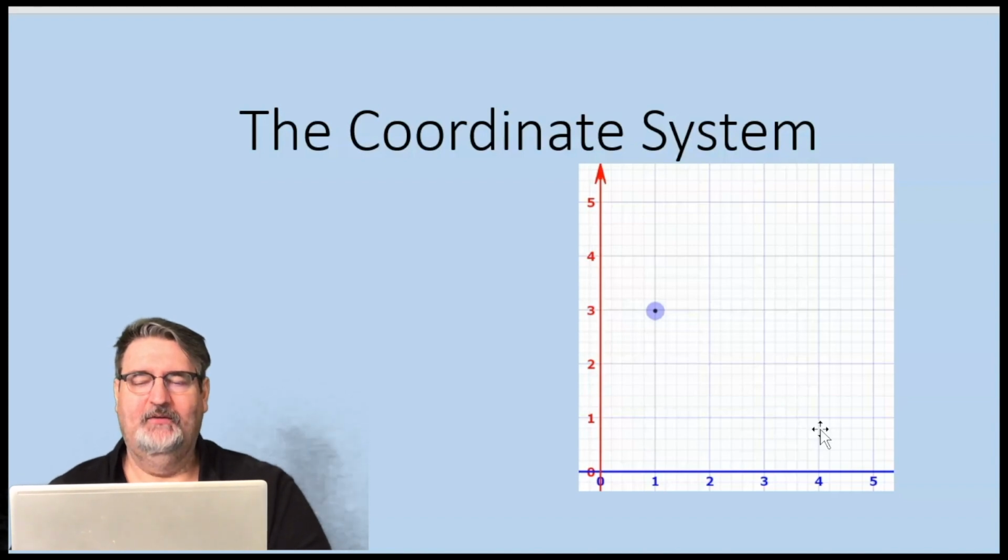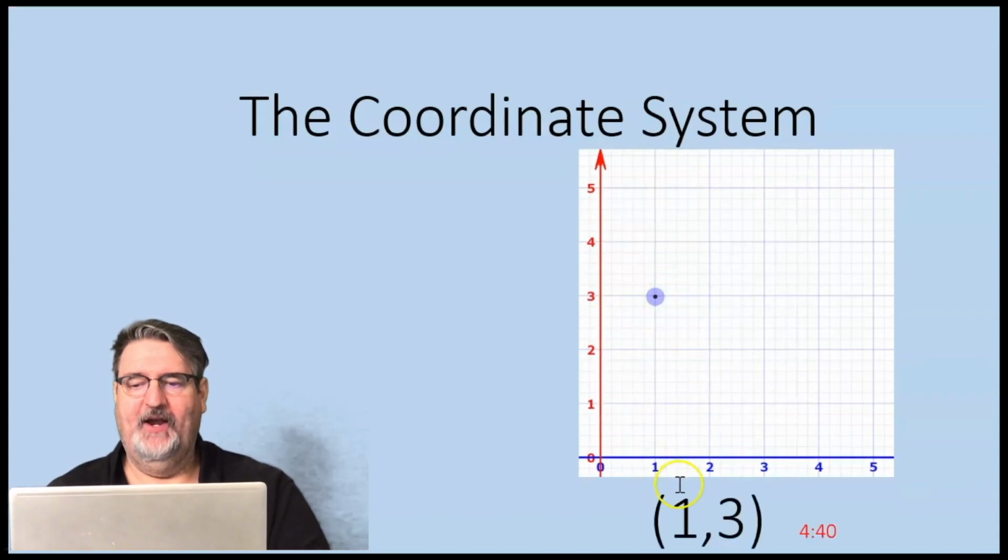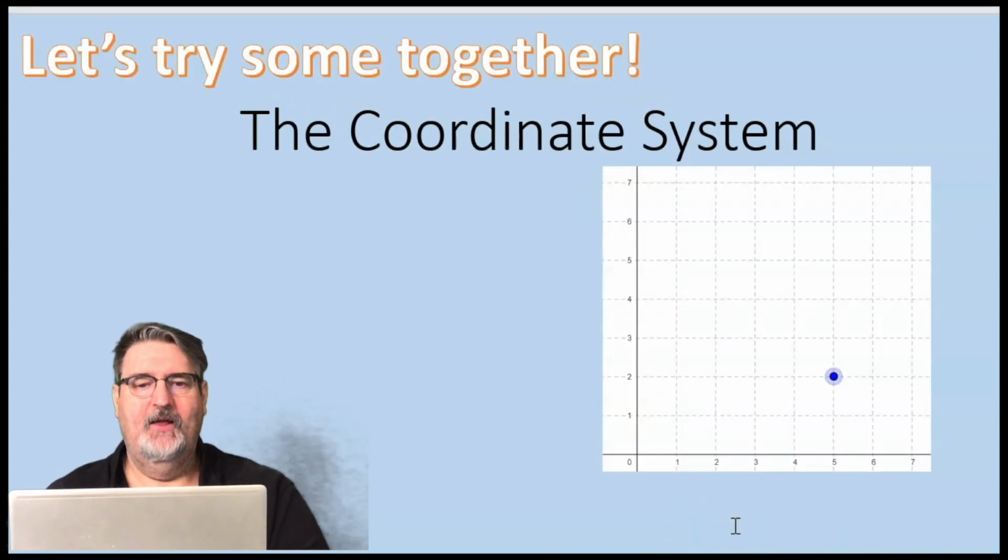This next one, we find the point right here and we go 1 place to the right. And now we go up 1, 2, 3. So our ordered pair would be 1, 3. All right, so let's try some together.